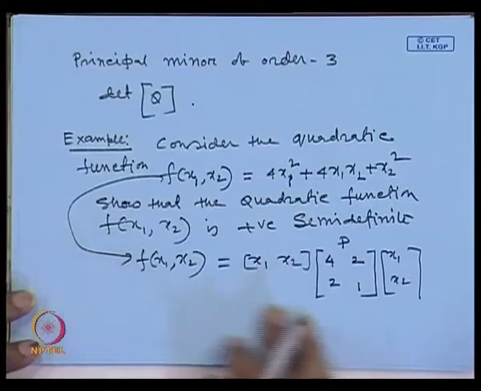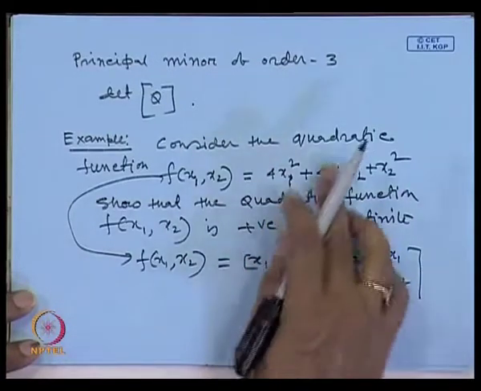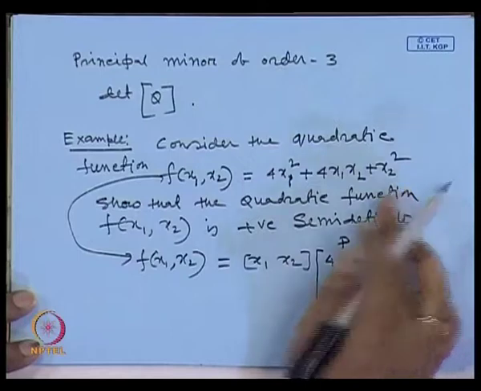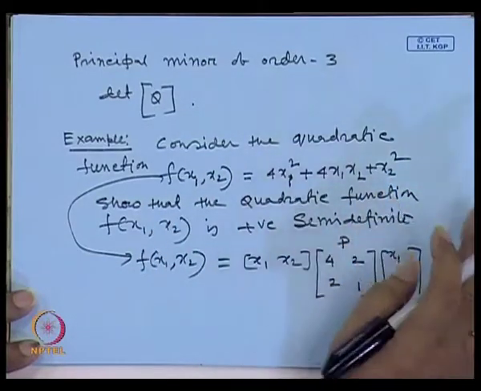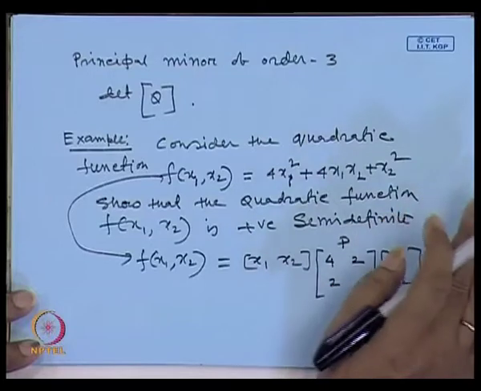So, positive semi definite in the sense that the function value is always greater than or equal to 0 for all values of x when x is not equal to the null vector.